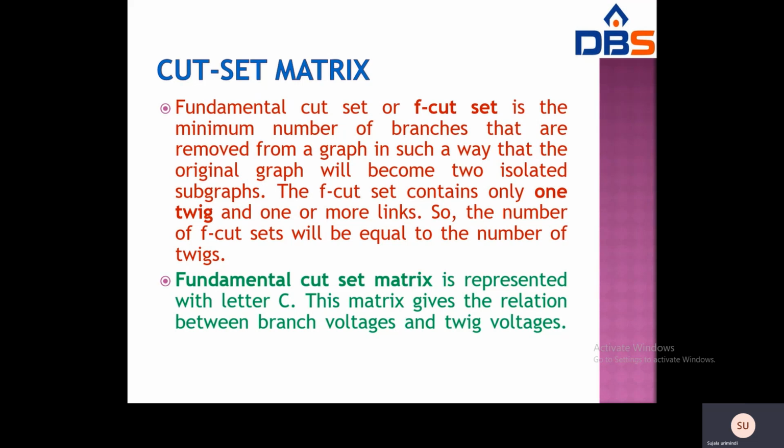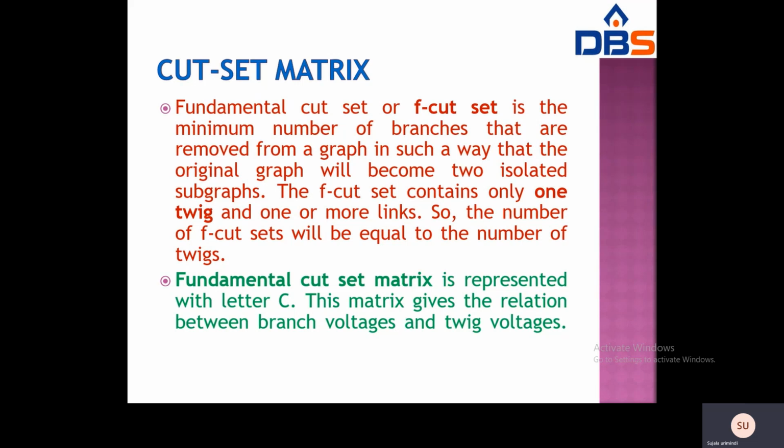When you have to take the fundamental cut set matrix, in the tie set matrix the reference will be the link. For one loop, there is only one link. If the number of links is there, the same number of loops must be there.